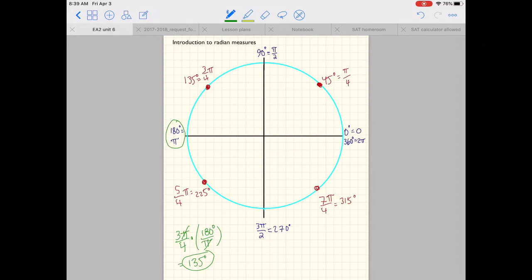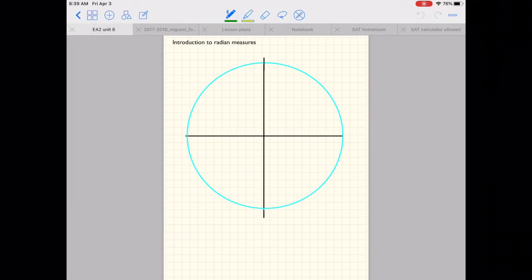For instance, if 180 is pi, remember 90 is half of that, right? And 45 is half of a half, which is a quarter. Do remember when you get to 30 degrees, 30 degrees is 1/3 of 90.